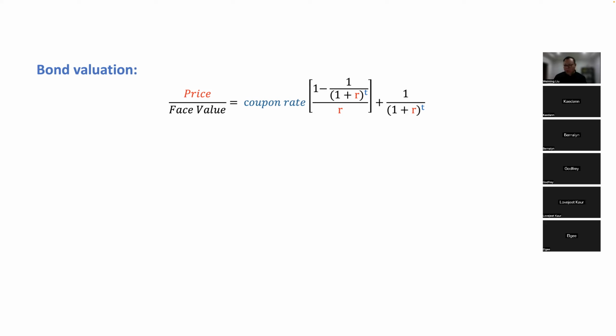And the bond also has a coupon rate. The coupon rate is the rate in the contract, right? So the cash flow you receive at the periodical intervals would be calculated by coupon rate times face value.